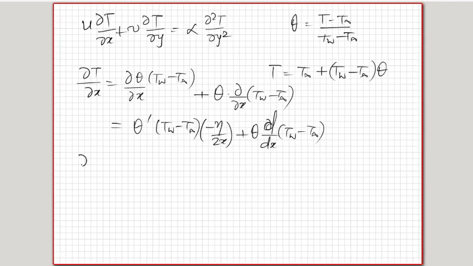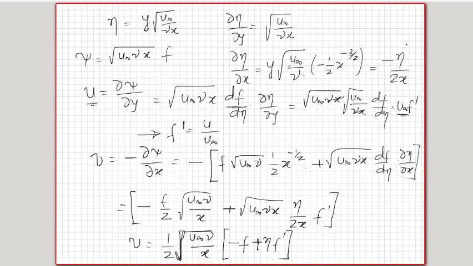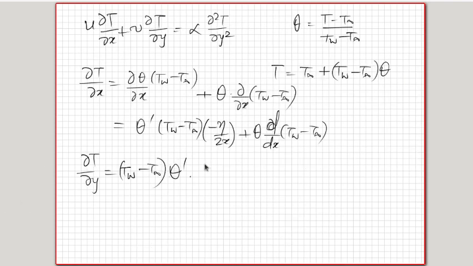What is del T by del y? This will be equal to, if I differentiate with respect to y, T infinity is again a constant and T wall minus T infinity is independent of y. So it will just be T wall minus T infinity into del theta by del y, which will be theta prime multiplied by del eta by del y, and del eta by del y is square root of u infinity divided by nu x.